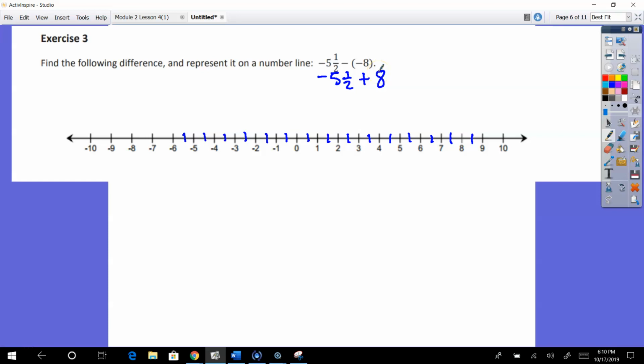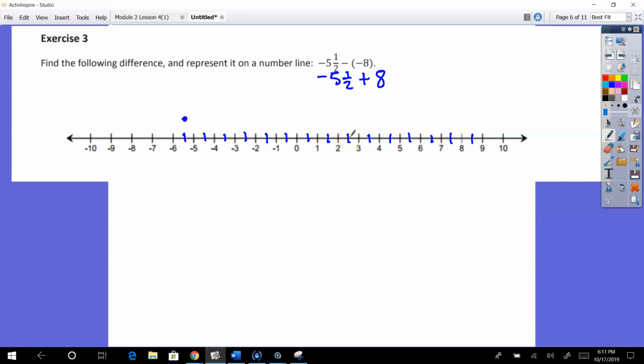So we're starting our tail at -5 1/2. Here's -5 1/2, so we're starting right here, and then we're going to the right 8 units. Let's count on our number line this time. 1, 2, 3, 4, 5, 6, 7, 8.